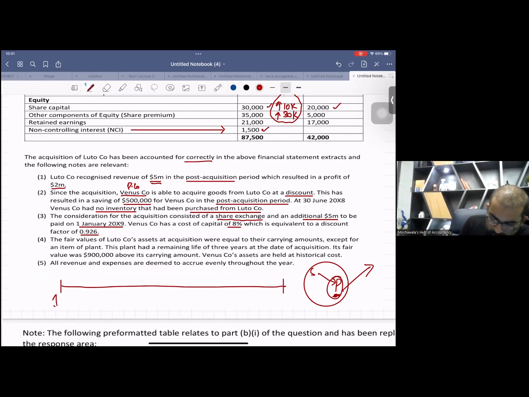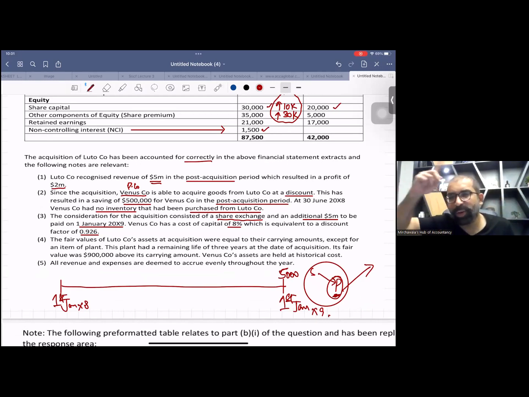This is 1st January X8, takeover date. This is 1st January X9. After 1 year, we have to pay 5,000. The difference is 1 year. So first of all, calculate the present value.